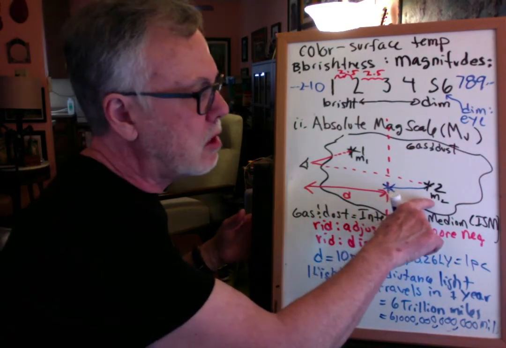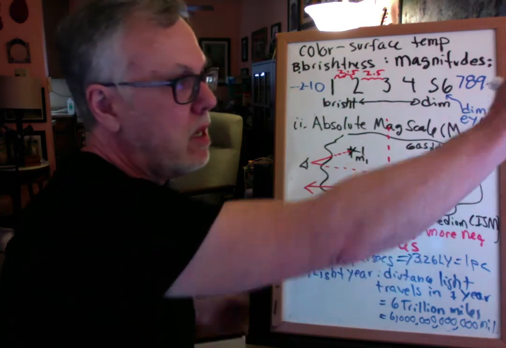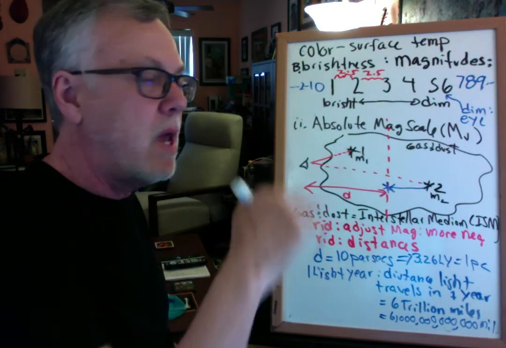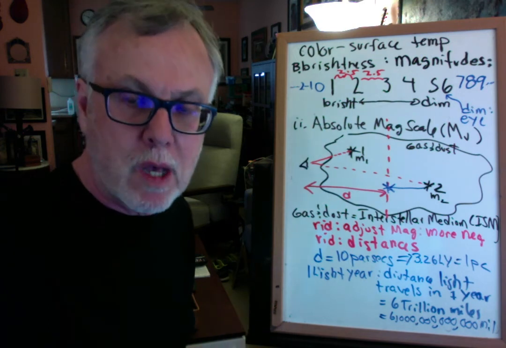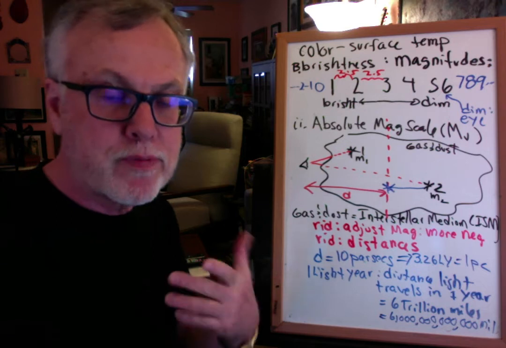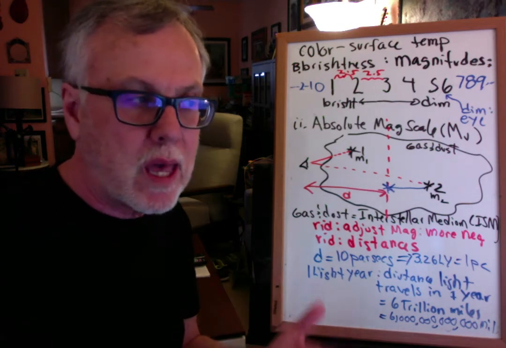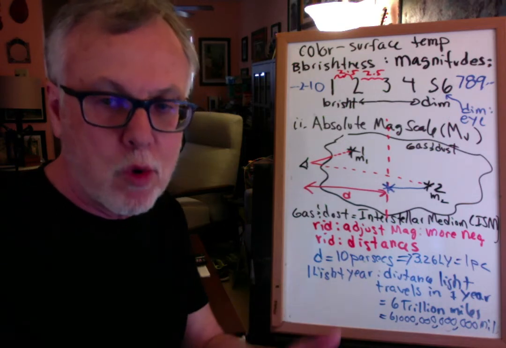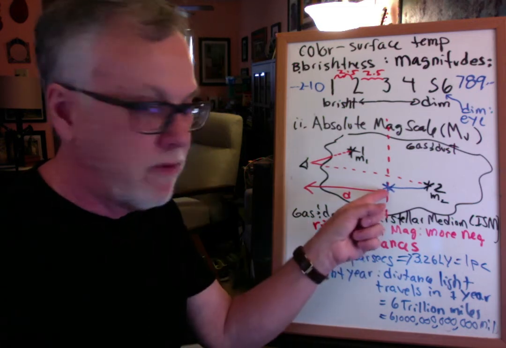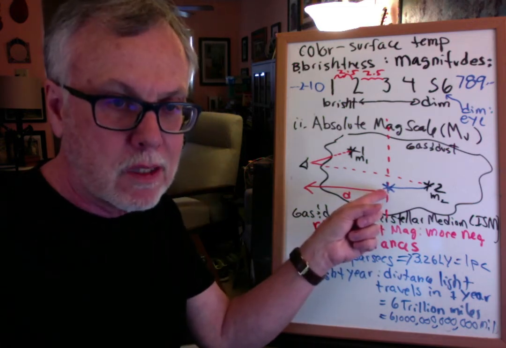So this star is going from farther away and being pulled in closer to 10 parsecs, and therefore it's going to be brighter because it's closer now. If it's brighter, we have to adjust the magnitude again, more negative, to make it brighter so that it reflects the distance of 10 parsecs.